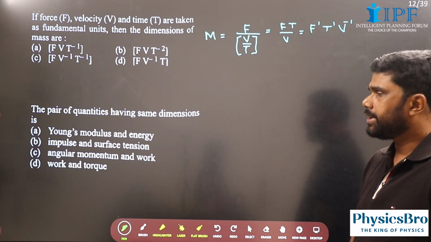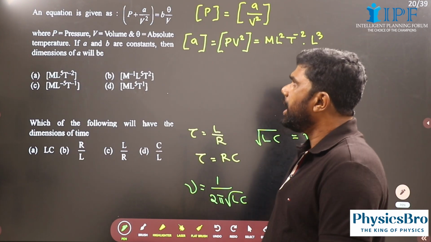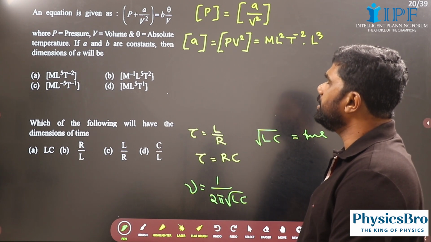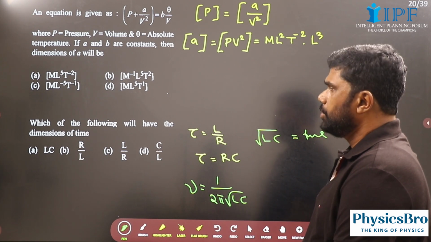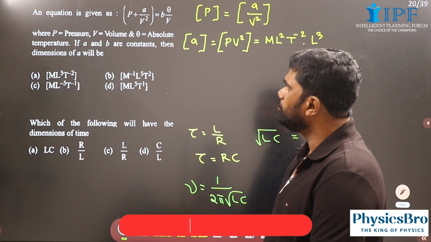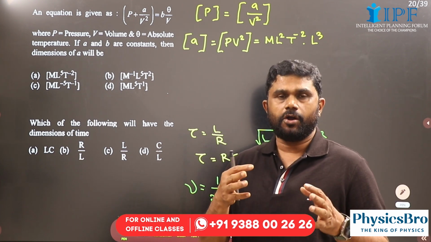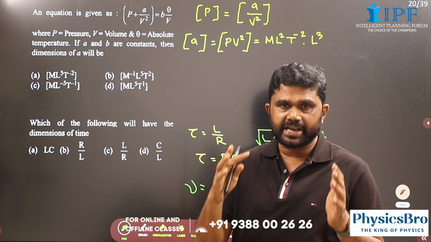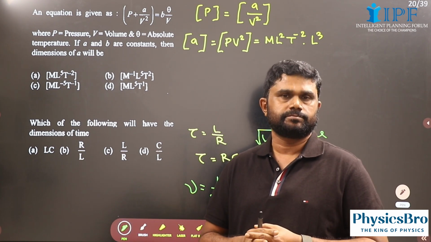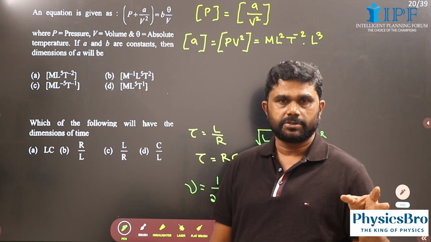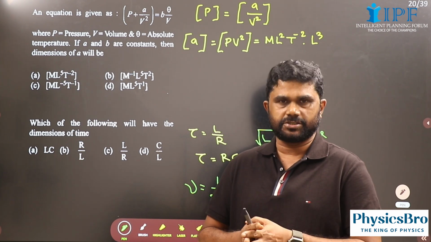minus 1. Okay. Now see, an equation is given by P plus A by V square equals B theta over V. Okay. Now we have to find the dimension of A. See, first thing, only similar quantities can be added and subtracted. A velocity can be added only with another velocity, and the result also will be a velocity.